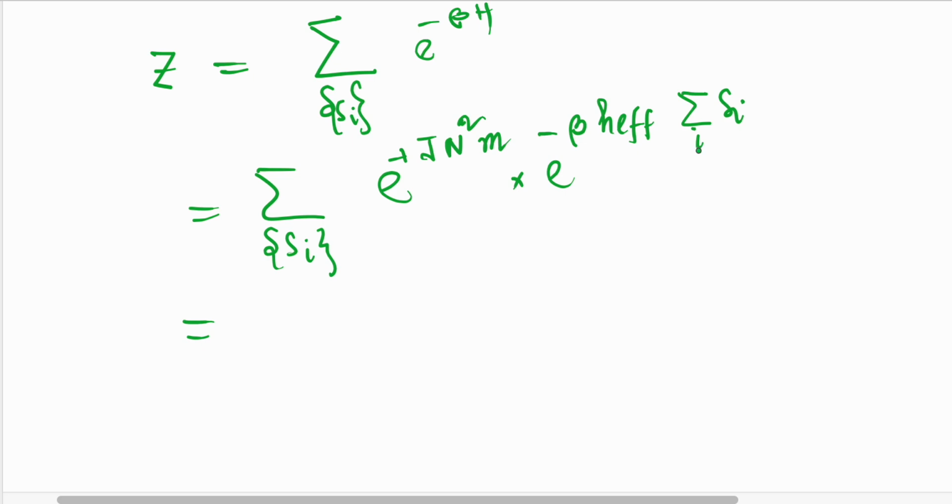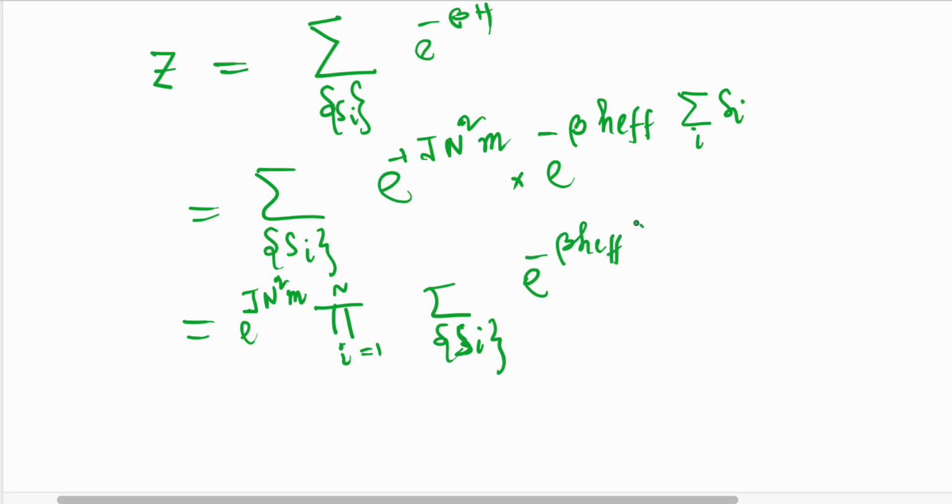Now we can take this product over i equal to 1 to N first, and we do the summation, then the factor J N M square and all possible combinations of Si's, e to the power minus beta h effective Si.